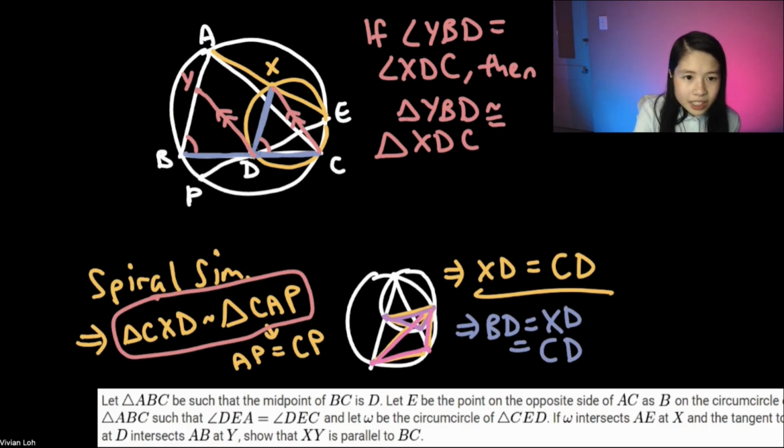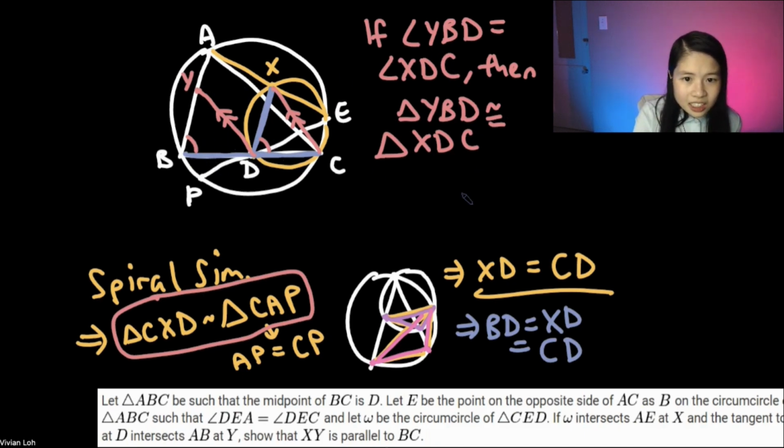Basically because you could angle chase it to show that they're similar, and then since BD equals DC, they must be congruent. And if we could show this, we would be done, because then both of these triangles would be congruent to triangle DXY. So we just want to show that these two pink angles are equal.